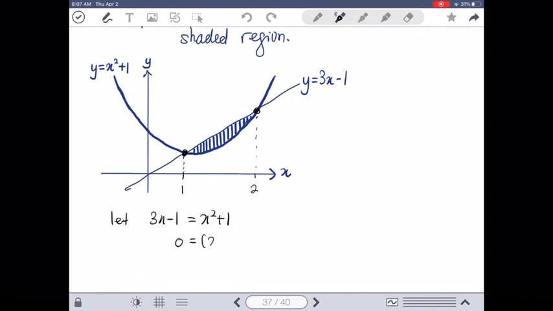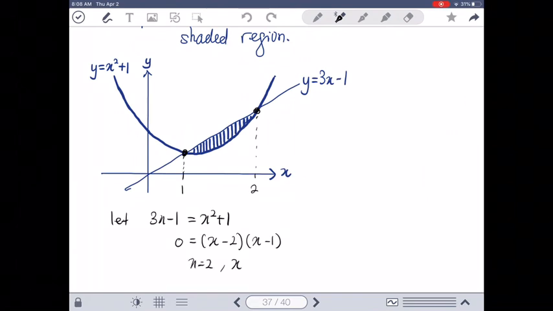When we factorize, we will get (x minus 2)(x minus 1). So we will get x equals 2 and x equals 1 when we let y1 equal y2.